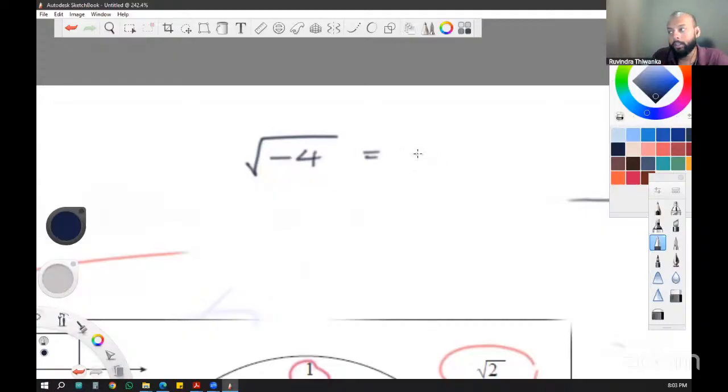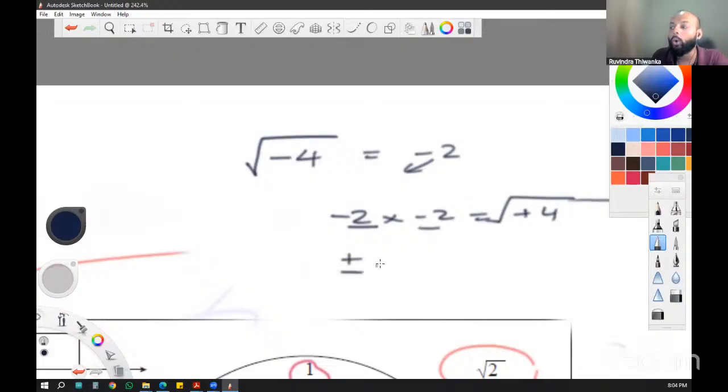Actually, it is not minus 2, because minus 2 times minus 2 makes plus 4. If you square root 4, you will end up getting plus or minus 2. We always take the square root of a positive value, and it gives a positive or negative number multiplied by itself. That is what we are going to learn in the next subtopic, thirds.